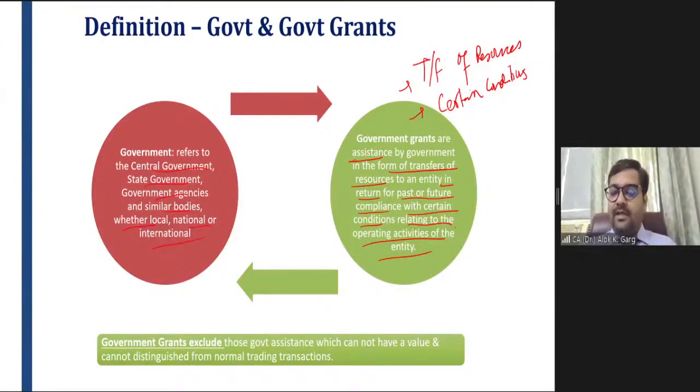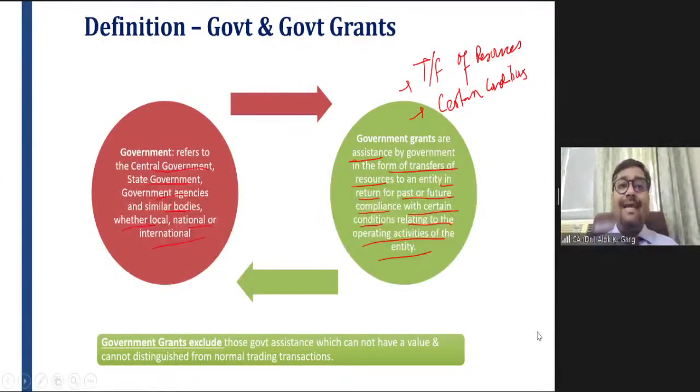Is it clear? So two things are there in government grant. One is transfer of resources by the government. Why? Because the entity has complied with certain conditions in the past, or will comply with certain conditions in the future. Okay. I hope it is clear to all of you.